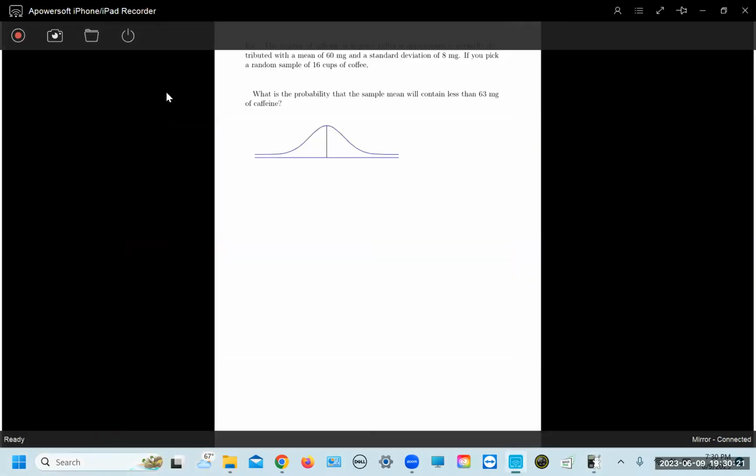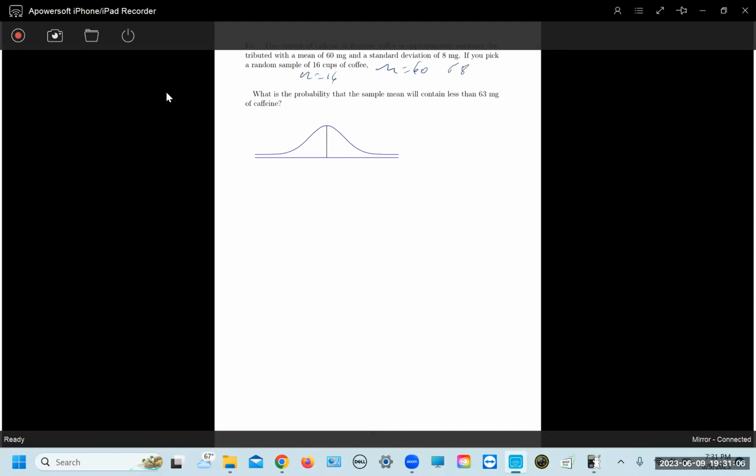So we can go with another example. The amount of caffeine in organic coffee is approximately normally distributed with a mean of 60 mg and a standard deviation of 8 mg. If you pick a random sample of 16 cups of coffee, the mu is 60, the standard deviation is 8, and n is 16.